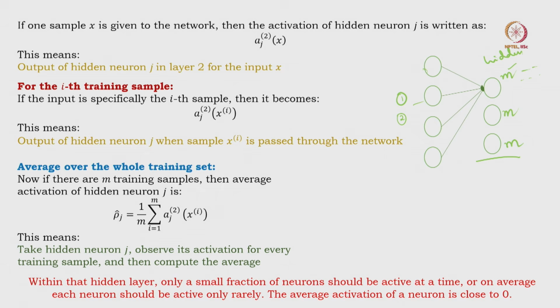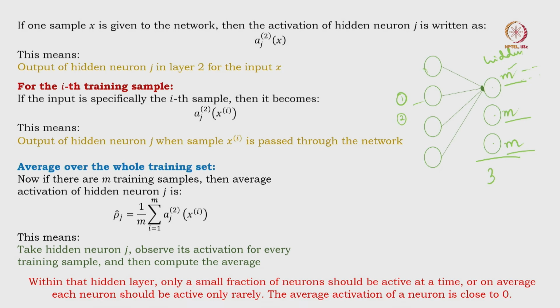You got the concept? Because you have considered an average, there is one average here, one average here, one average here. On average, each neuron should be active only for some time, or only rarely.